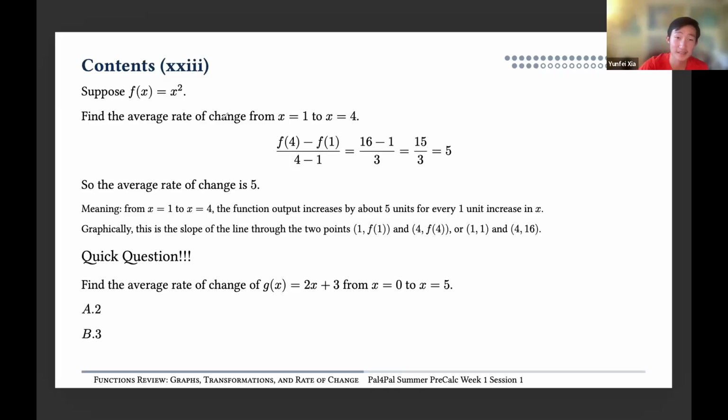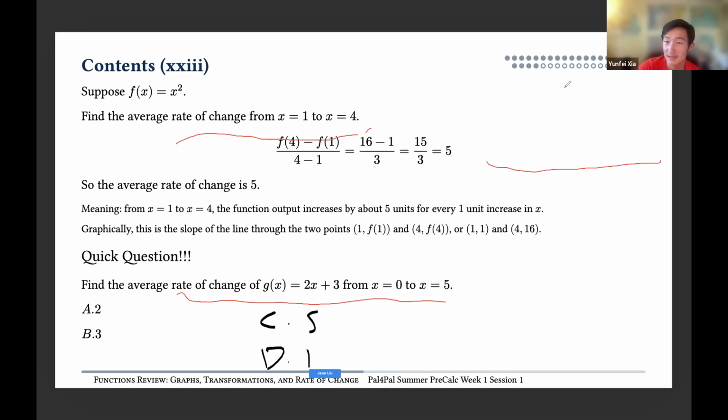So here's a really quick example. If you get it, you can just do this problem. Consider the function f of x equals x squared, and then find this. First we can try to graph it, because the rate of change is just the slope.